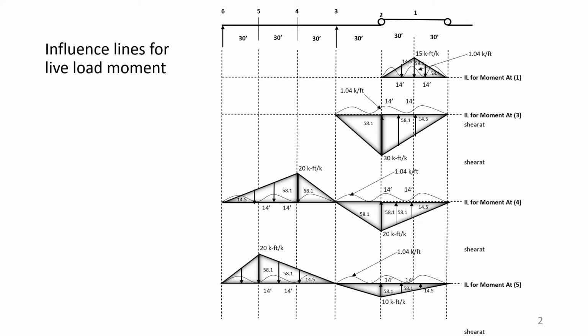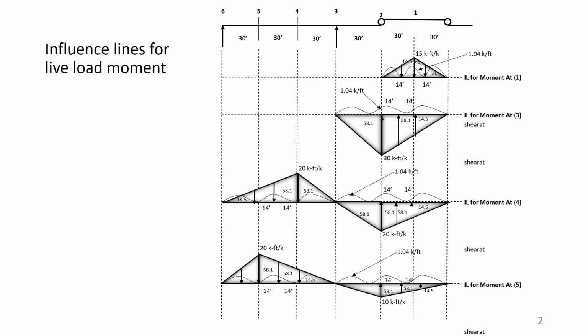Point 1 is a simply supported span of 60 feet. If we put a load at the center, the reaction will be half, and the moment at that point will be half into 30, that means 15, and it is 15 kip feet for each kip of load. Our loads will be wheel loads, which are bigger loads, and we will put those values when we calculate the numerical values of this moment.